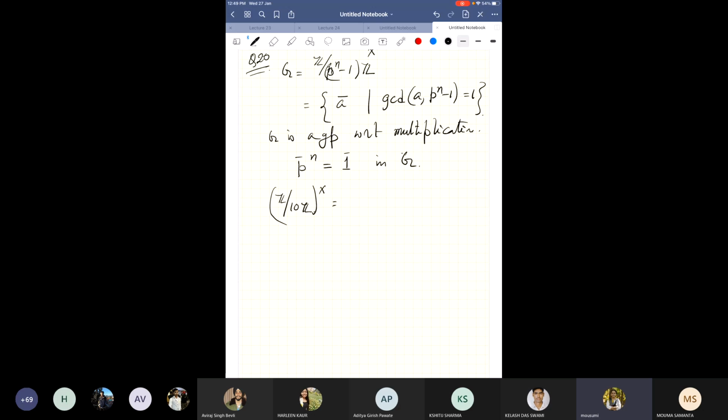These are the elements A bar such that GCD of A and 10 is 1. So now what are the elements here? Can you tell me? 1 bar, 3, 7, 9. Correct.